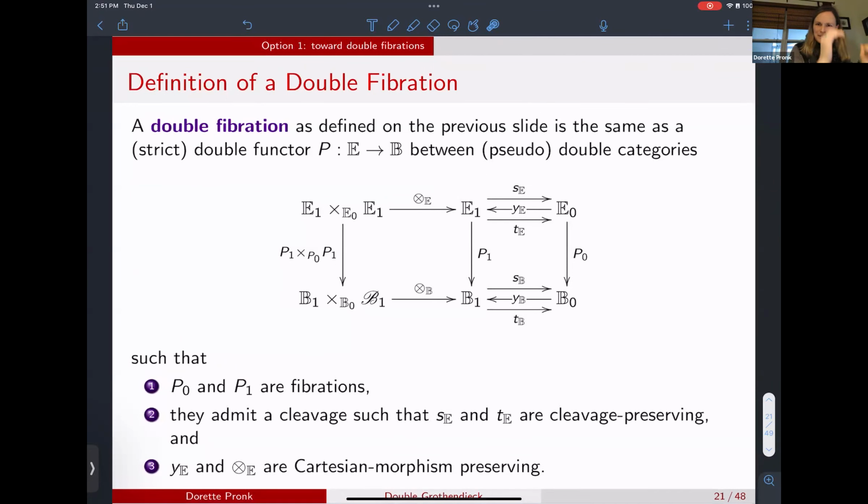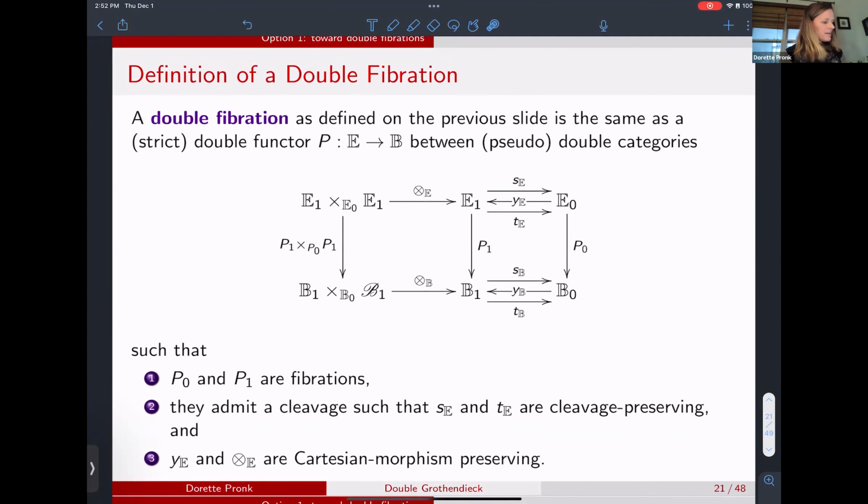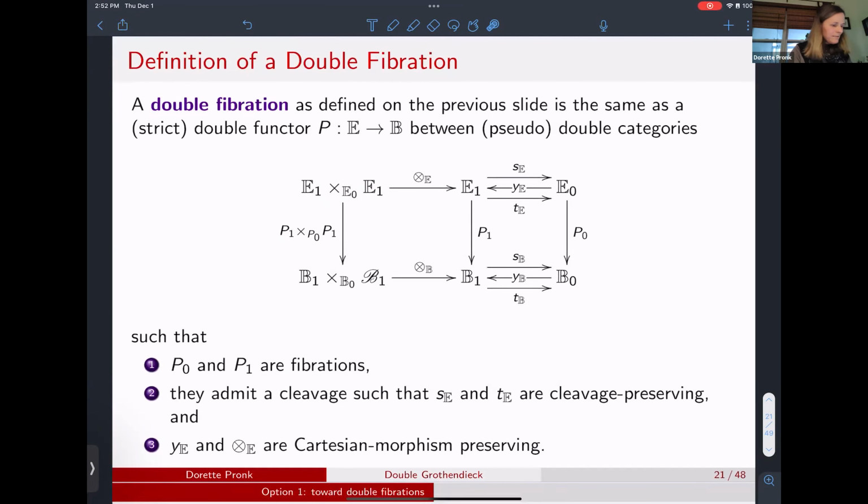The other way, you're looking at a functor, such that P0 and P1 need to be fibrations in the usual sense. They need to admit a cleavage such that source and target become cleavage preserving. And for the rest, as I've said, identities and composition only need to be Cartesian morphism preserving. So that is then a double fibration.